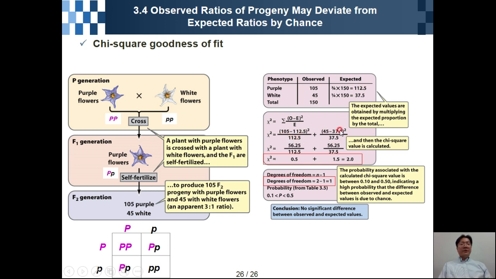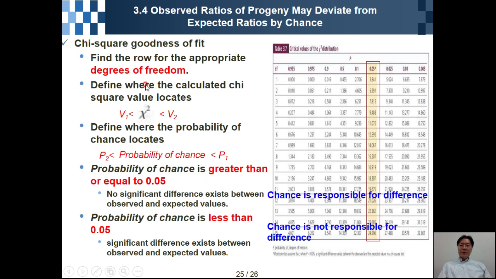The other term: the observed value is 45 minus 37.5, squared, divided by 37.5. After we calculated, the value is 2.0.